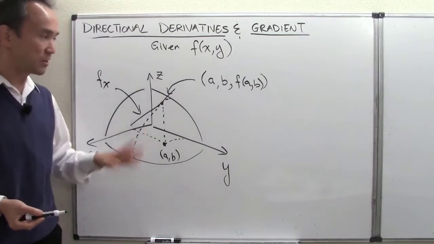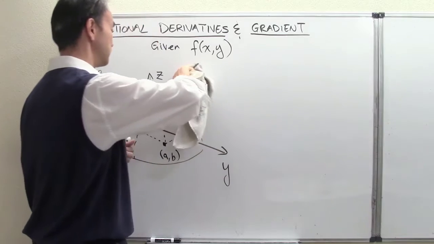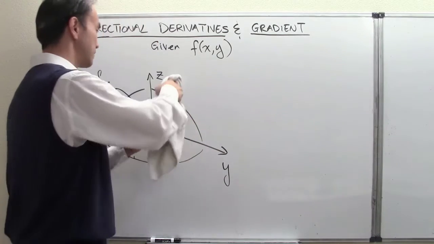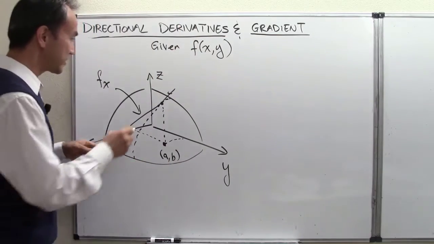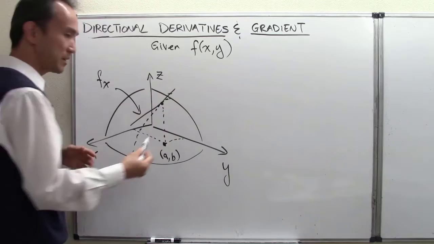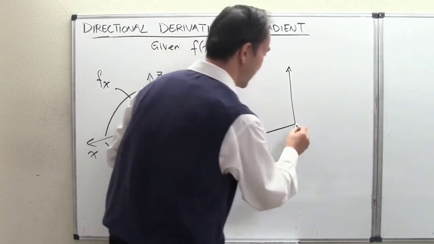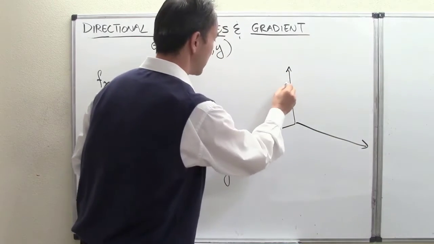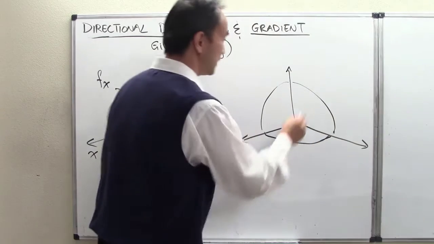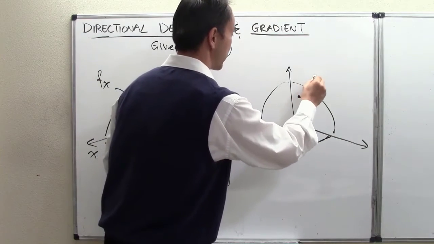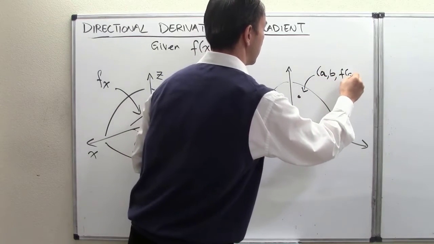Similarly, I'm going to reconstruct the picture here, clearing away some of the minor information. That similar picture, that same function, but let me make a different copy of the graph. In the x and y axes, the surface for the function, and we have a point, a comma b comma f of a comma b.